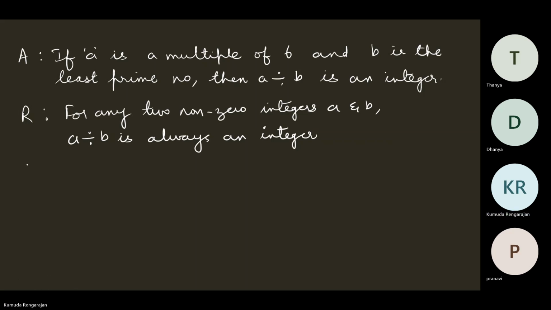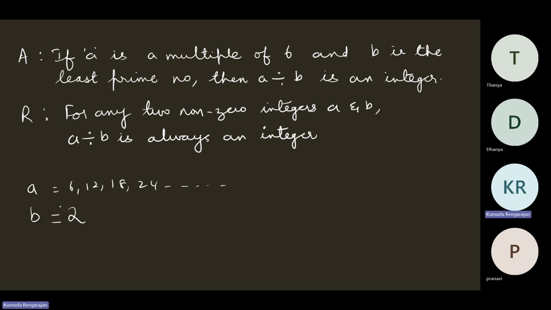So A is a multiple of 6. So A will be like 6, 12, 18, 24, and so on. B is the least prime number, which is the smallest prime number? 2.